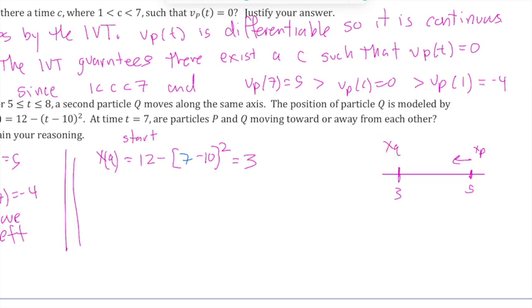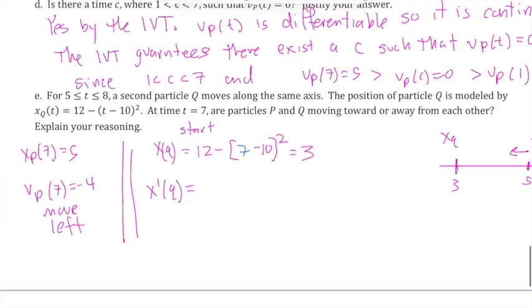Now we need to take its derivative, x prime of Q, and we need to see which way it's moving. Is it moving to the left or right? Taking its derivative, I'm going to get 0 minus, and then again, we're going to do the chain rule, so that's going to come out as a 2(t minus 10). And then we do have to do the chain rule here. The derivative of t minus 10 is 1.